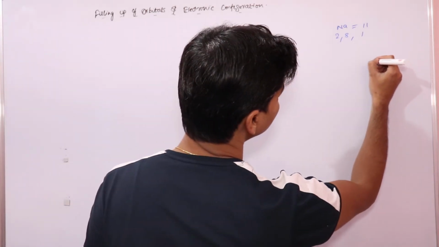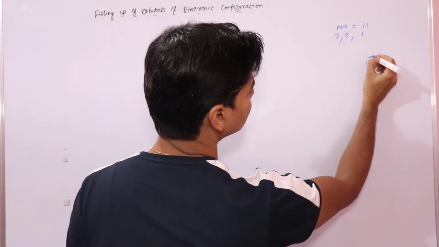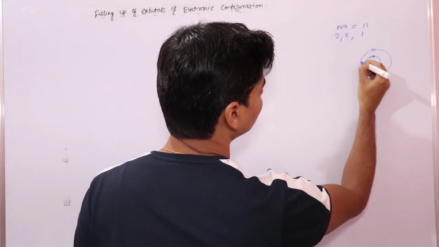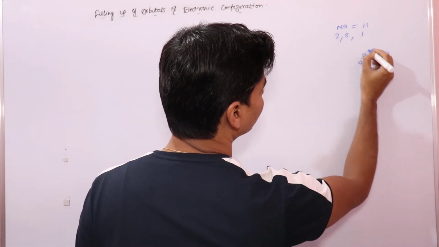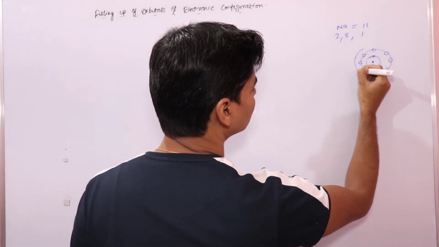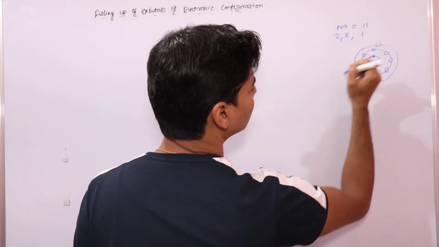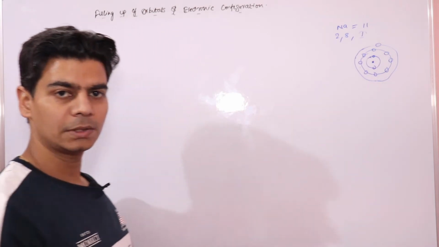If this is the nucleus, then this is your first orbit that has 2 electrons. This is your second orbit that will have 8 electrons. And then this is your third orbit that has this outermost valence electron.